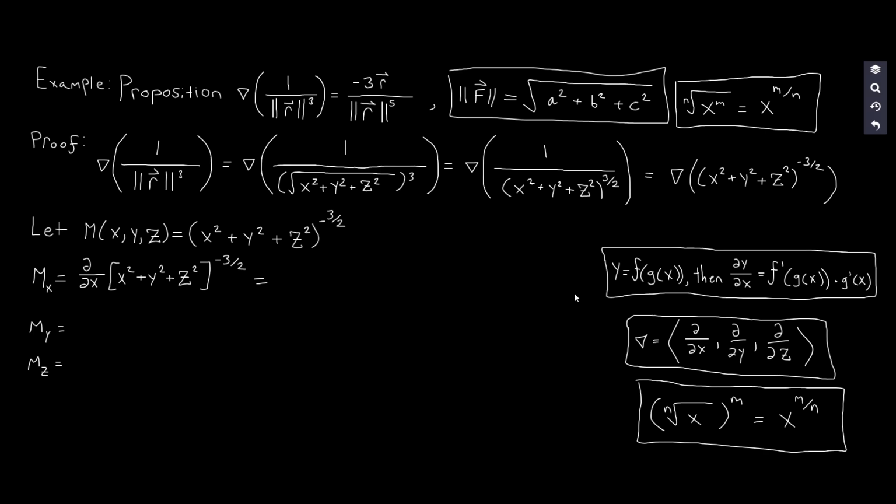Okay, that's the chain rule. So that means I have to set an outside function and an inside function. So I'm going to set the inside function as g of x equal to x squared plus y squared plus z squared.